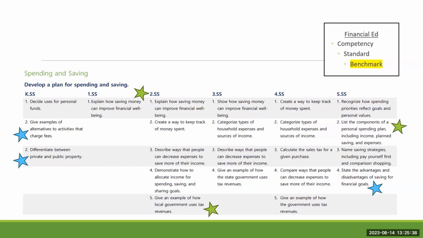And then the blue stars are financial education and social emotional learning opportunities within that ELA space. An example would be giving examples of alternatives to activities that charge fees. That would include a discussion of needs versus wants. Some families are needs-only families, and they might not have money to go do an activity.